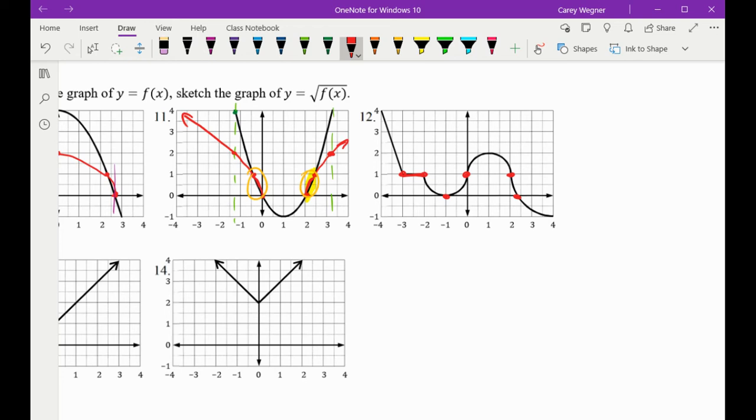Now, as I look at the regions in here, there my y values on my original function are between 0 and 1, so my graph needs to go above the original black graph.